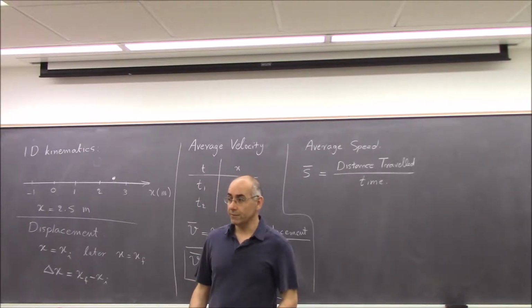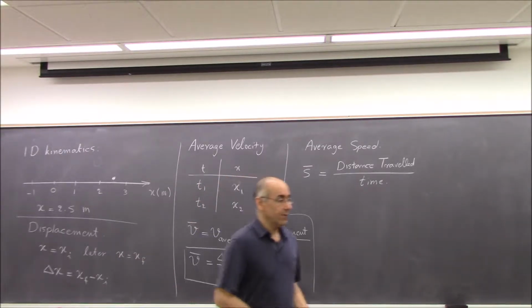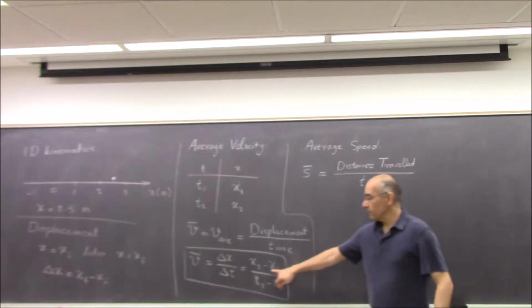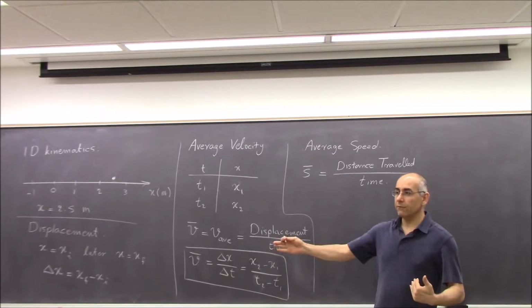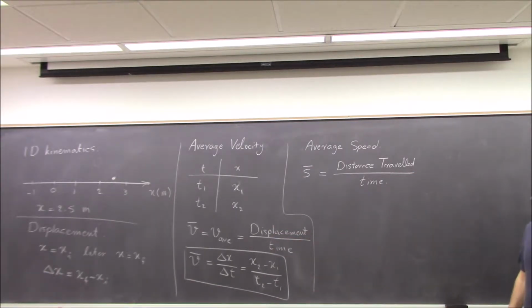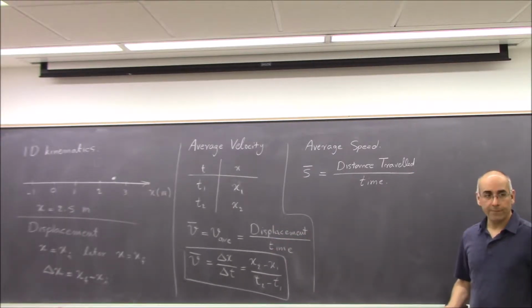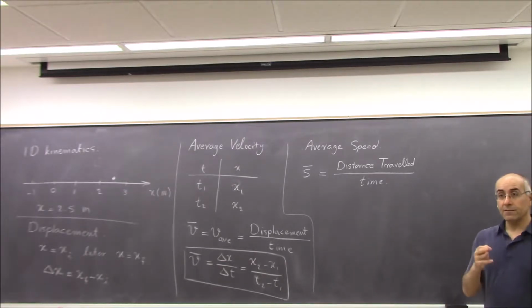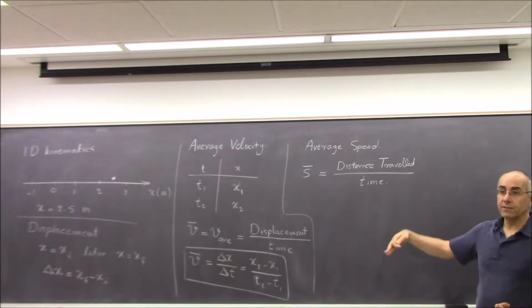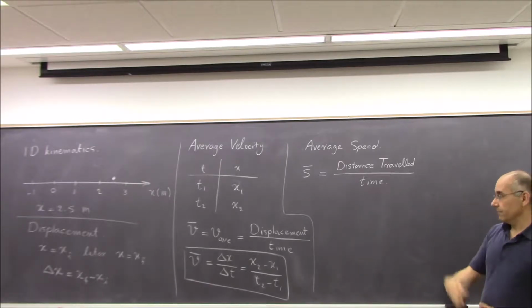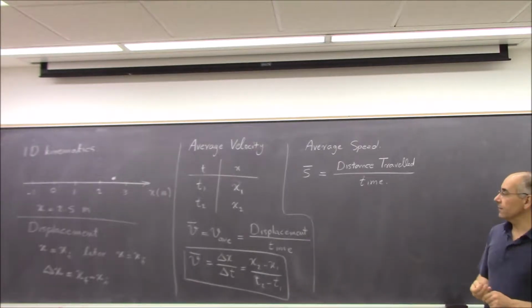That's 11 meters, so it can be different. In displacement, we don't care what's going on in between. But for distance traveled, of course, it depends on how you get from point A to point B. So in that sense, you see that the average speed is not the magnitude of average velocity. We're going to have more numerical examples later.